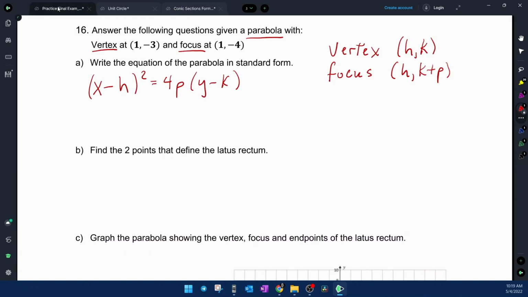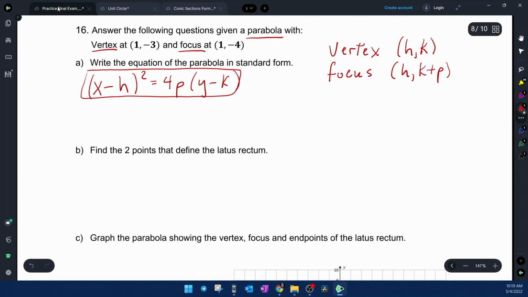So back on my exam, what I've done is I have copied down the equation that I said we need to use, but I've also copied down the formulas we looked at for the vertex and the focus, because those are going to be needed in order to substitute for h, k, and p in order for me to complete the equation.